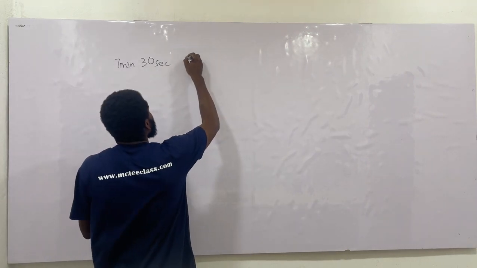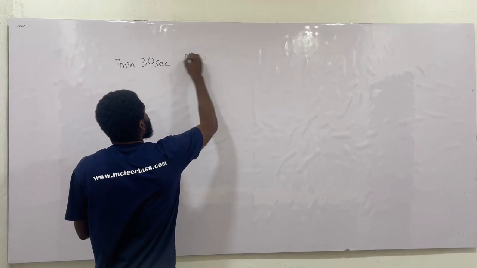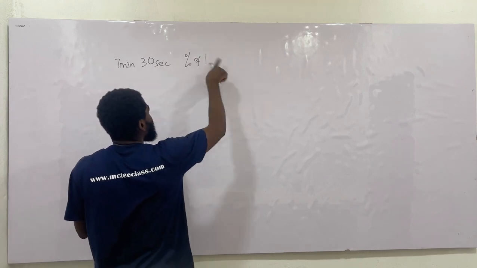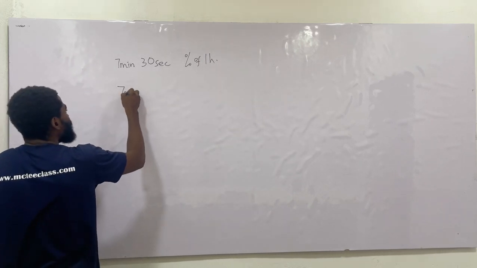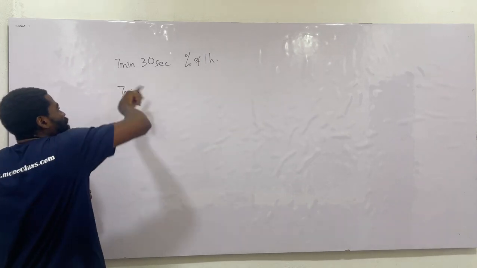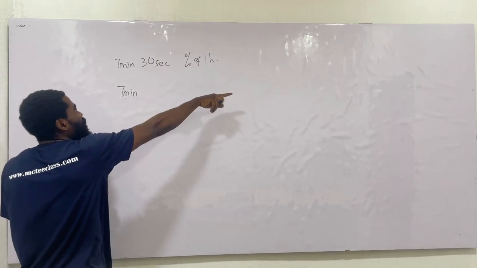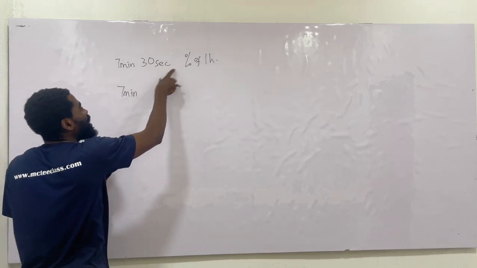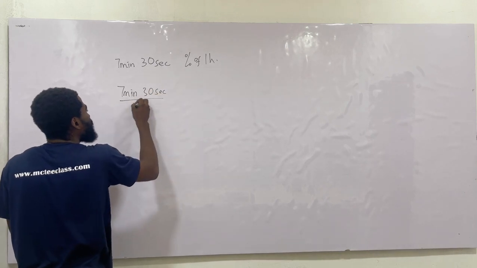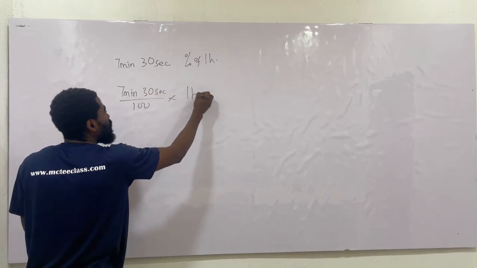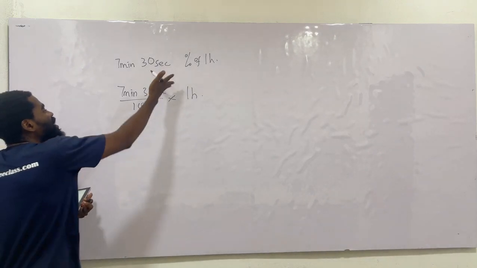Like I told you, sometimes the answer is in the question. We are expressing 7 minutes, 30 seconds as a percentage, so 30 seconds as a percentage of 1 hour. So this is what we are doing.